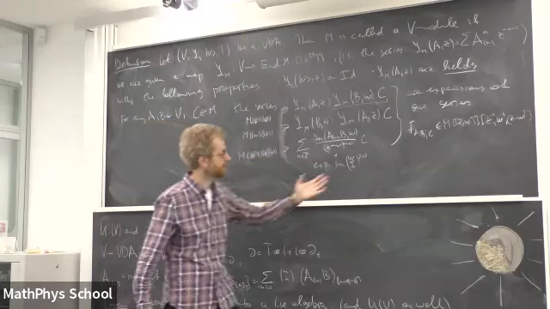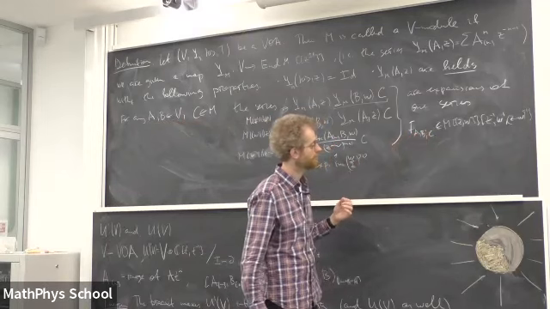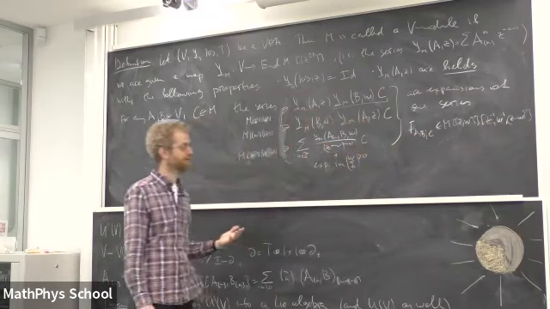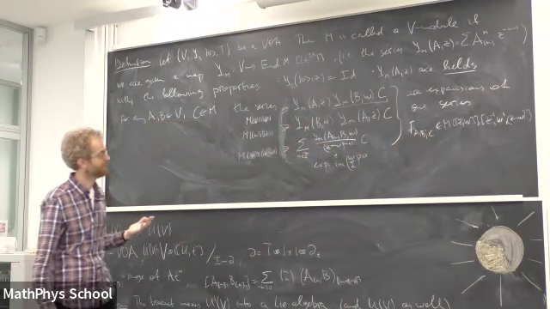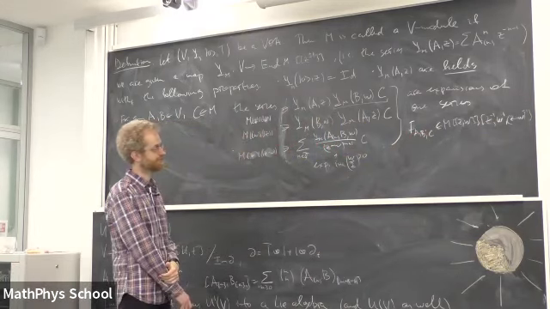But what does the claim say? It says that actually the poles in Z, W and Z minus W, they are only bounded from below, right? So in principle, these are some complicated series in Z and W.